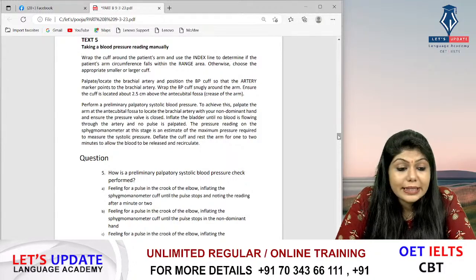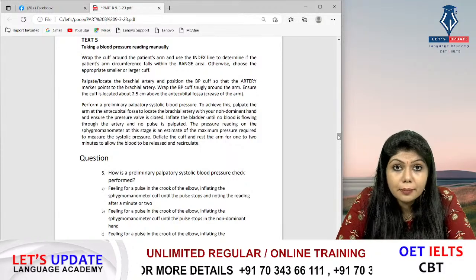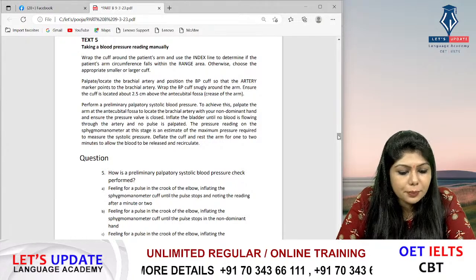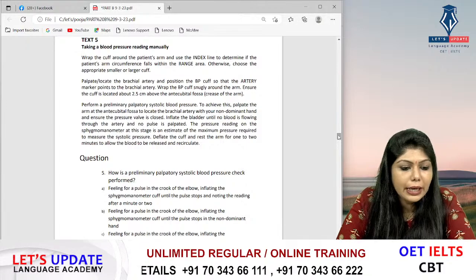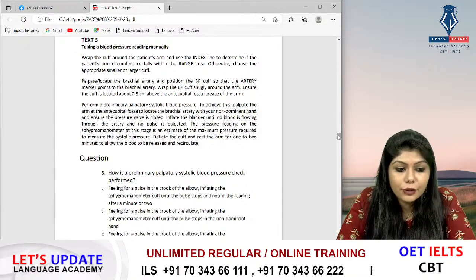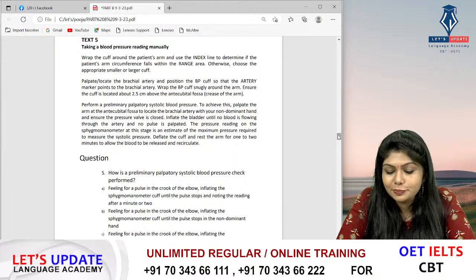The extract is about taking a blood pressure reading manually, and the question is, how is a preliminary palpatory systolic blood pressure check performed? And this is the extract, so I'll give you a minute to read the extract and then we'll proceed.